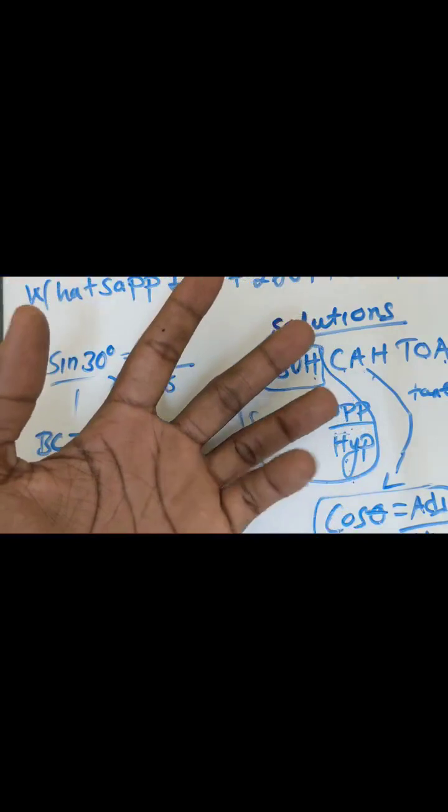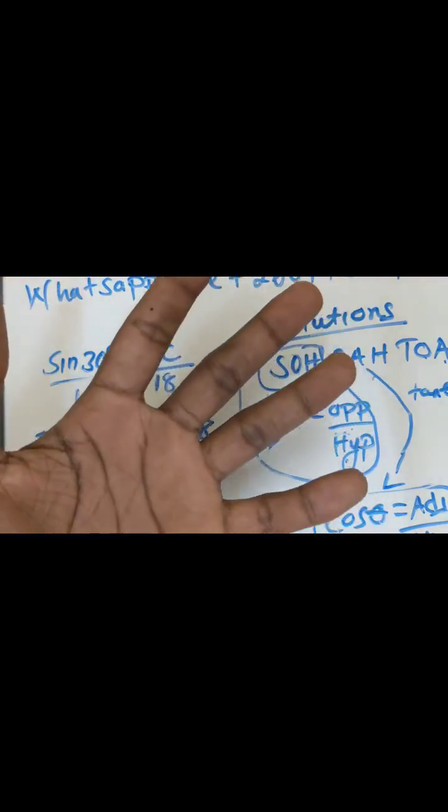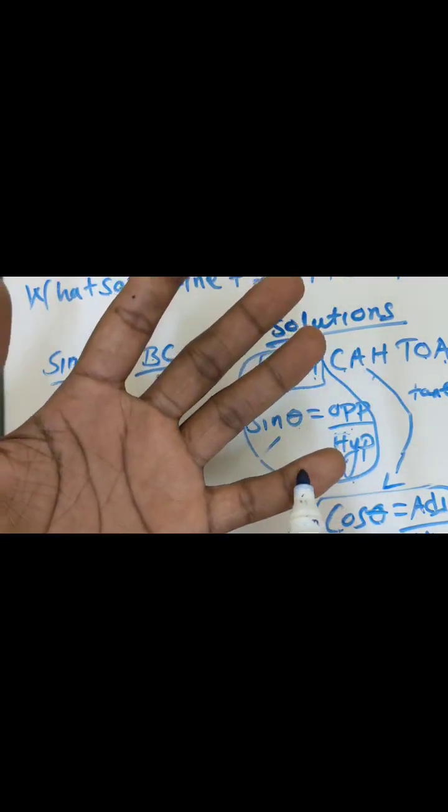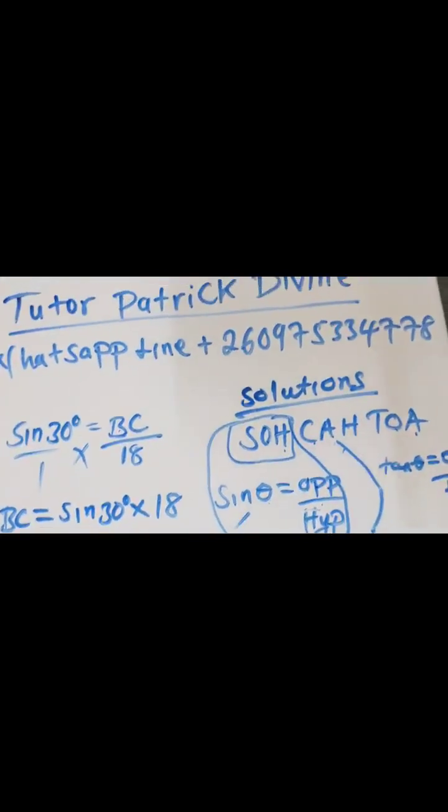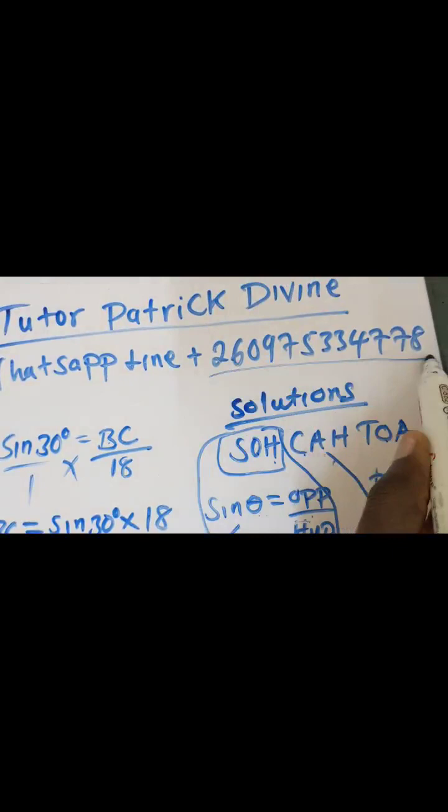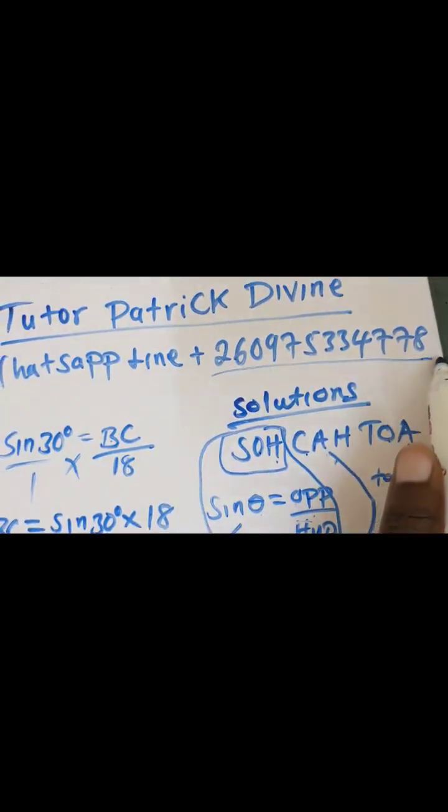Your hand, your left hand side. Okay, just your fingers. Those that are following me, they know what I'm talking about. So if you didn't check out that video, you can inbox me on this number, on WhatsApp. I'll send you that video. I'll send you that lesson where you can find this.